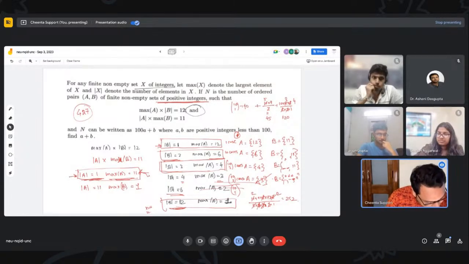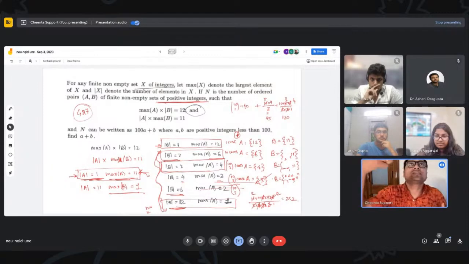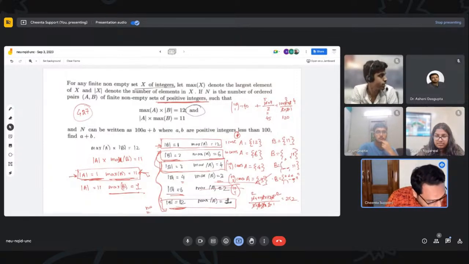So what happens if min A is equal to 11 and max B is equal to 1? If max B is 1, none of these 5 cases would work, because that means the largest number in B is 1, and it's a set of distinct positive numbers, so it cannot have more than 1 element. So all of these cases are gone.